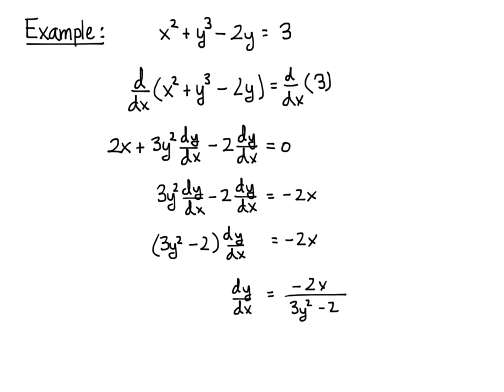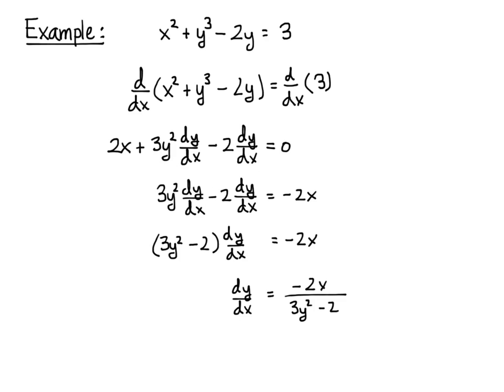So here's your basic strategy. You're going to take the derivative of each term, and then make sure that every term that involves a dy dx is on one side and everything else is on the other. Then you're going to factor out this dy dx, and whatever factor is left over, you divide both sides by that, and so you get dy dx equals that expression there.